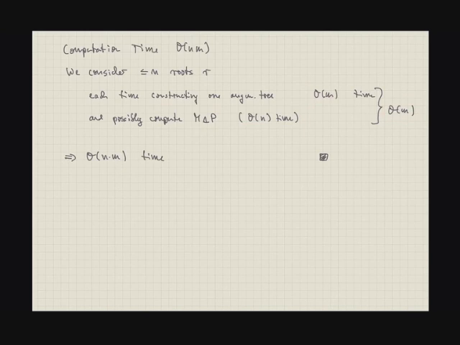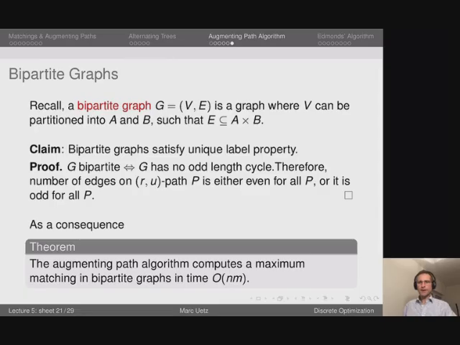So we have n such for loops, and each of these for loops is essentially the construction of a breadth first search tree, and so that gives us the computation time that I claimed, order n times m. So we have a first solid statement about our generic matching algorithm, which computes optimum or maximum size matchings in bipartite graphs in polynomial time.